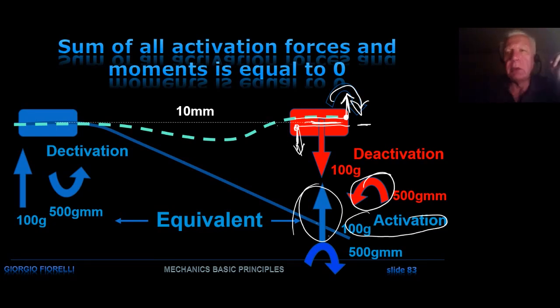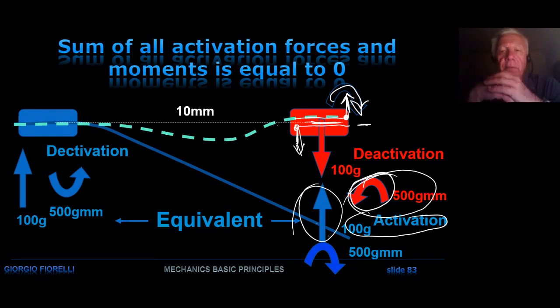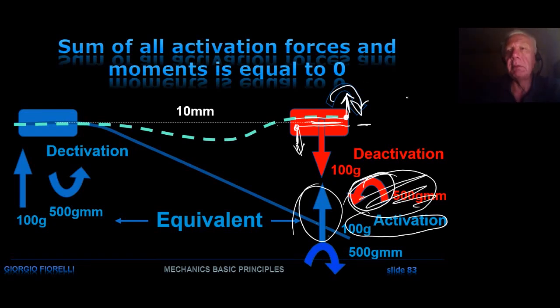And so if you don't know the force system, because here I wrote to you, okay, what if we have this 500 gram millimeters, but this was just an example to let you calculate the equilibrating system. But actually in real life, this is not 500 gram millimeters, but it's a big question mark.